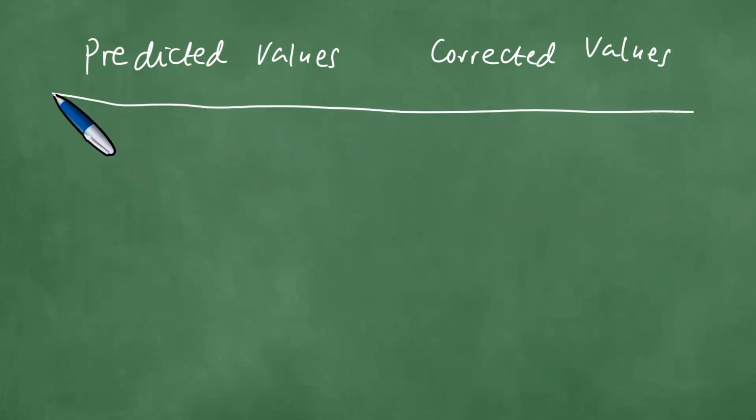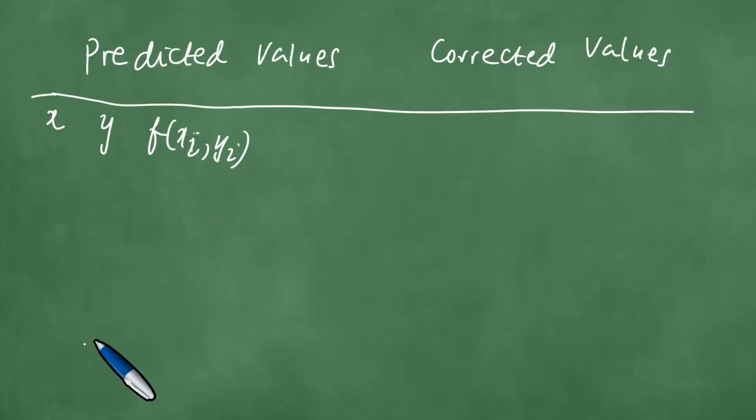You'd realize that here there is clearly an x, this is a y, there is an f, x_i, y_i, and then there's going to be the predictor value.